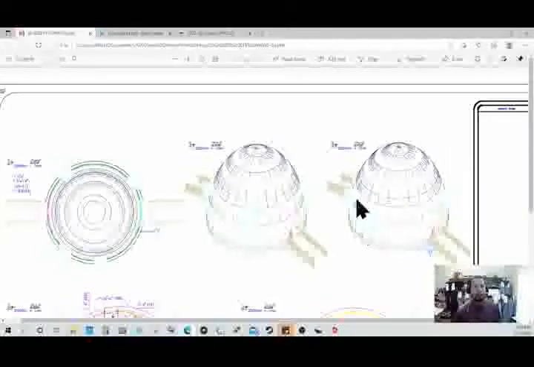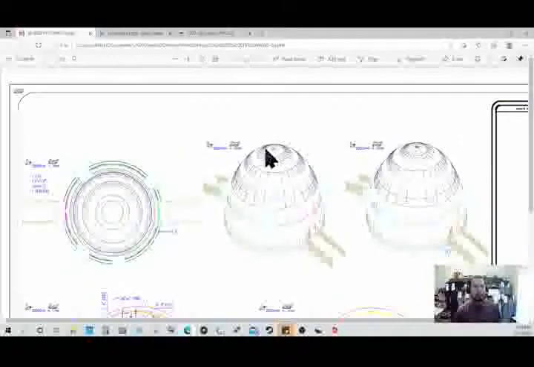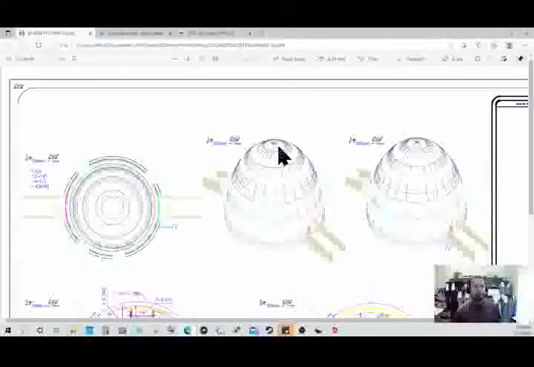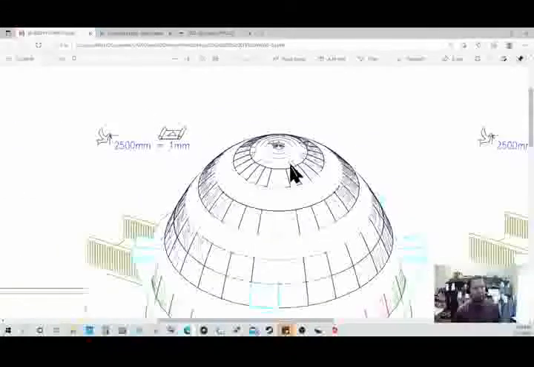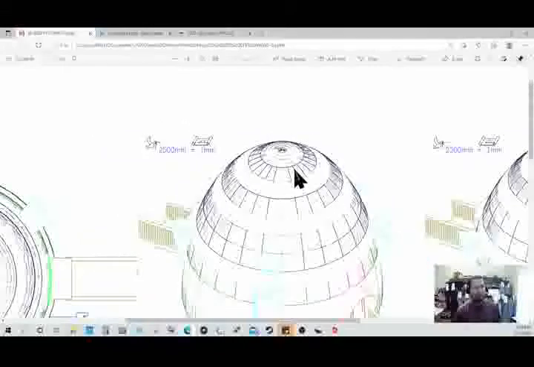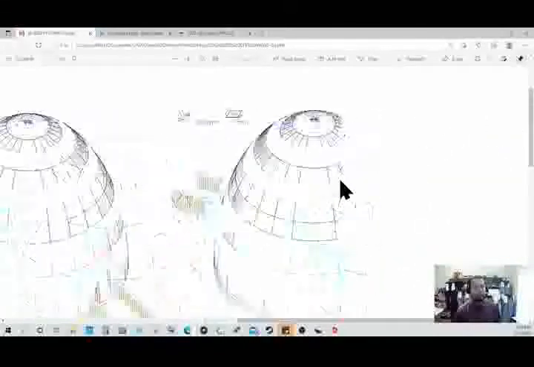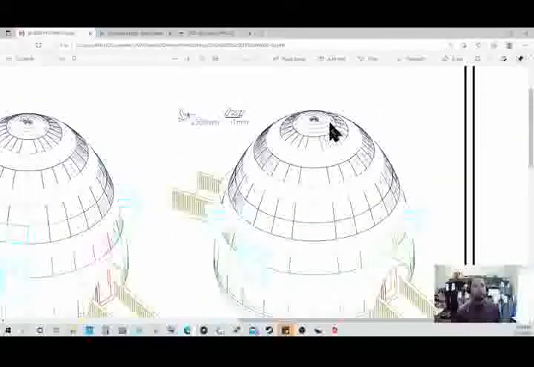Of course, not the windows or the hole that is on top. And of course, there is a glass cap there that will prevent any kind of rain, water, or snow from coming in.